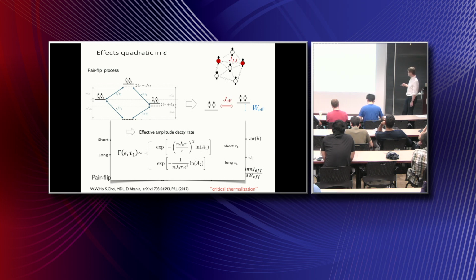So for a short duration of time, the blockade period will appear in the numerator, but for the long time, when the frequency is very small, the combination of these two effects makes this blockade period appear in the denominator.